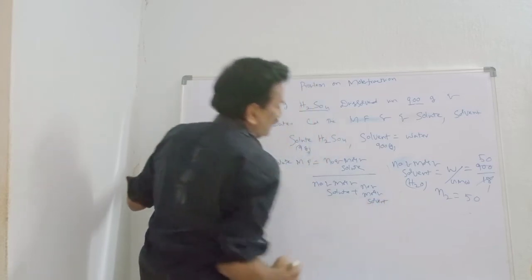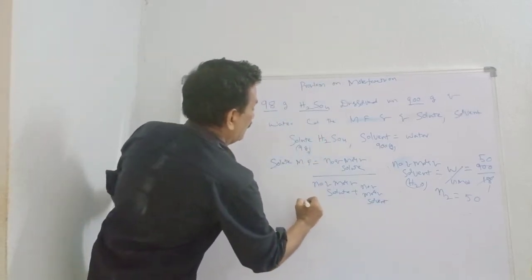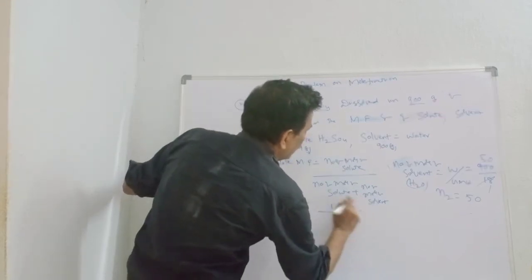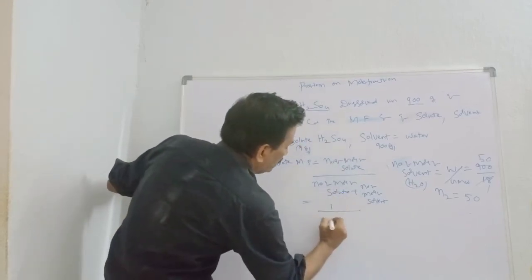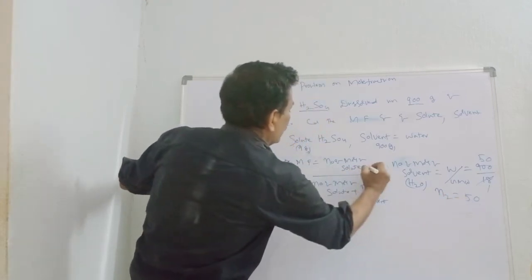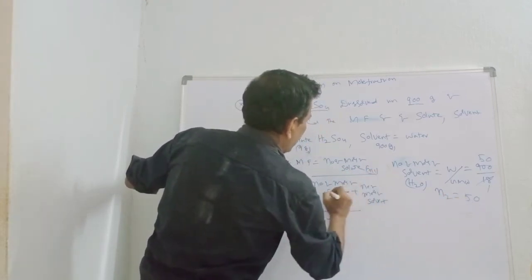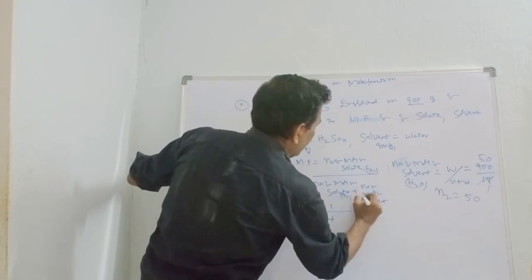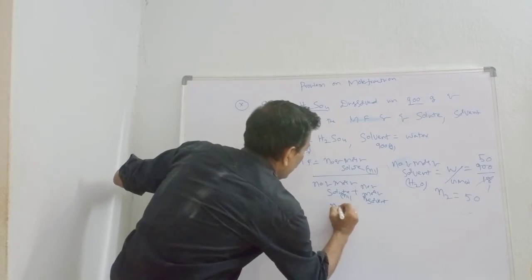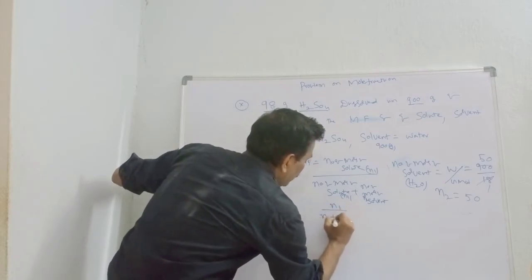Number of moles of solute, how much? 1. Number of moles of solvent, how much? 50. You say N1, you say N2. So N1 upon N1 plus N2.